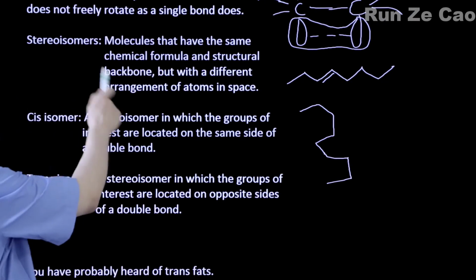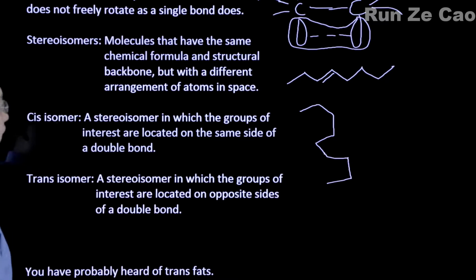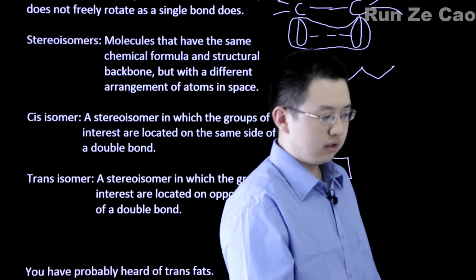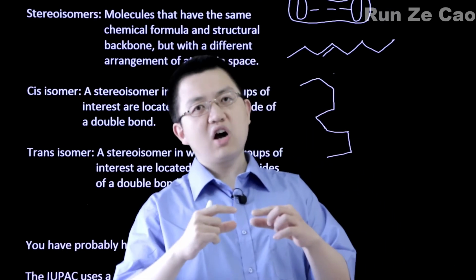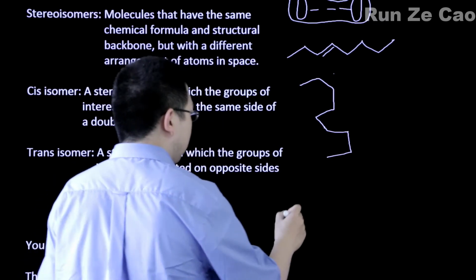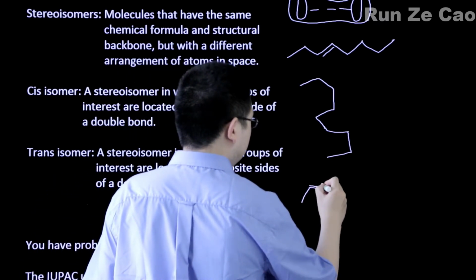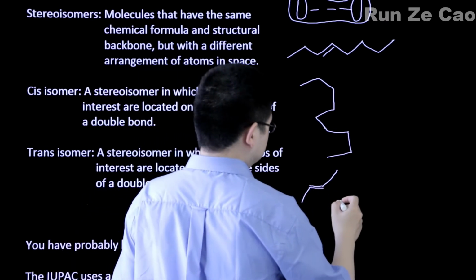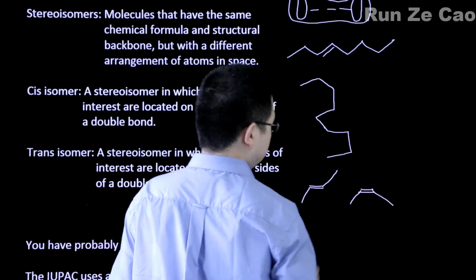Stereoisomers have the same chemical formula and structural backbone, but the different arrangement of atoms in space is what makes them different. So, if we know that a double bond is locked in place, then we know that this is going to be a different molecule than this.